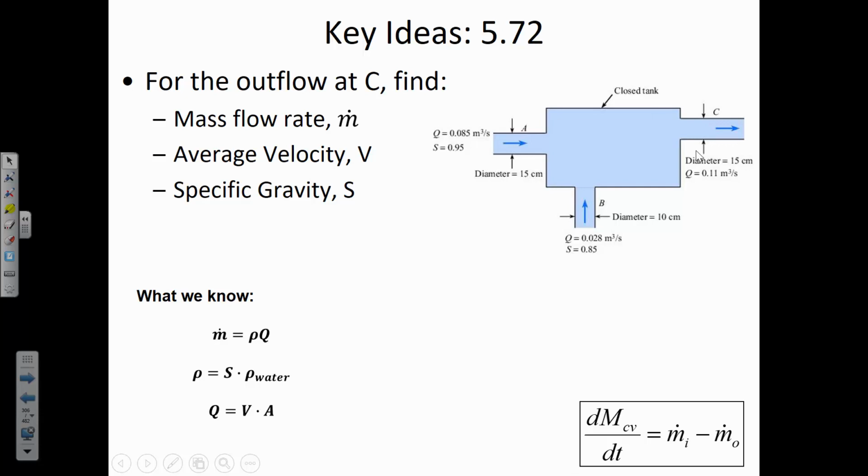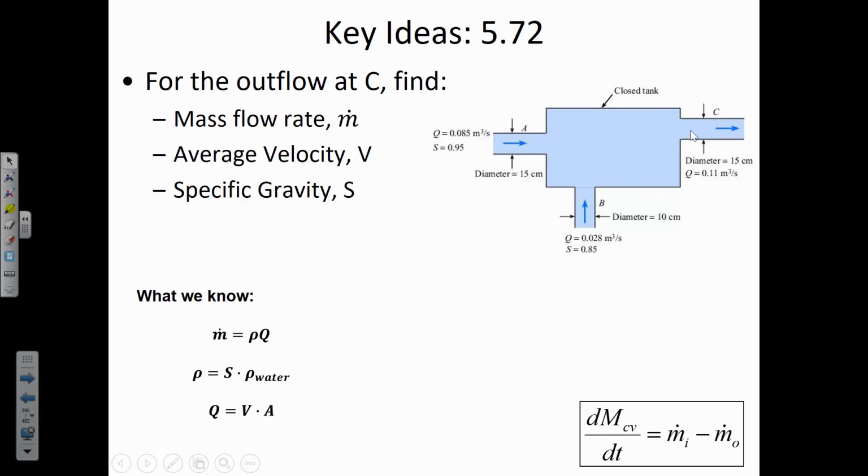And density is defined as, for whatever this fluid is, the specific gravity multiplied by the unit weight of water. So here you've got a specific gravity of 0.95 at A and 0.85 at B. Since this is already giving you the S and the volumetric flow rate, you can find the mass flow rates pretty easily, and that's the in.